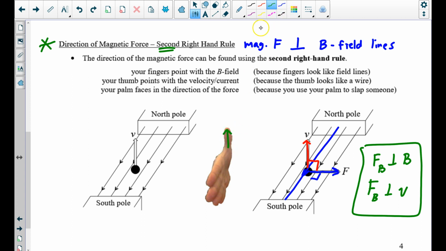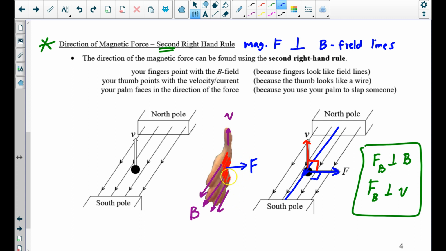Again, your thumb points with the direction of the charges where they're moving, so thumb points with the velocity. Your fingers look like field lines, so they point with the magnetic field. And wherever your palm faces, so the palm here is facing to the right, that's the direction of the magnetic force.